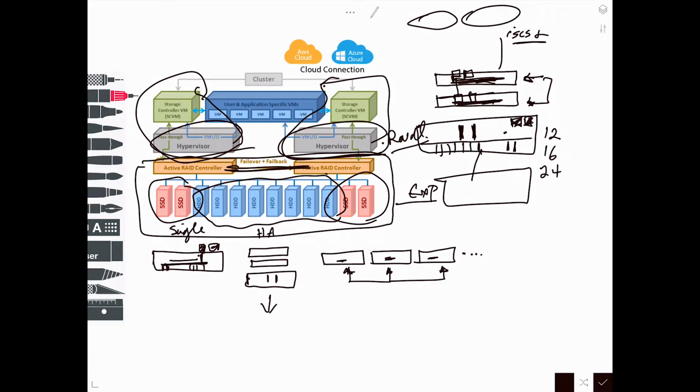The data services are executed on the head controllers, the compute. So the workload is handled there, like snapshot, replication, dedupe and encryption.